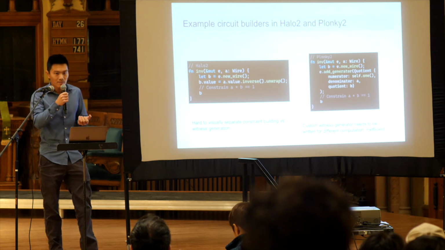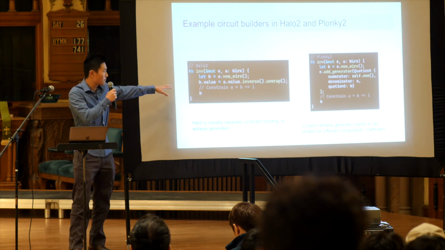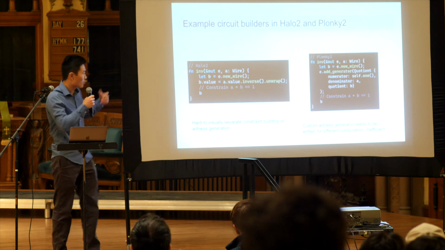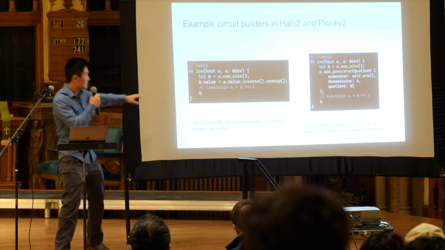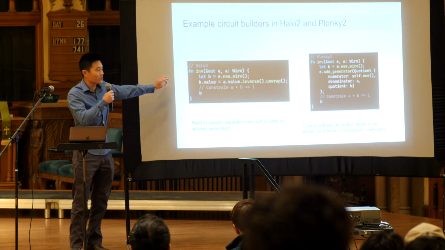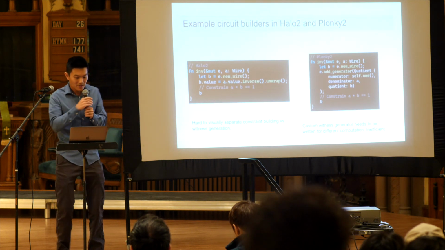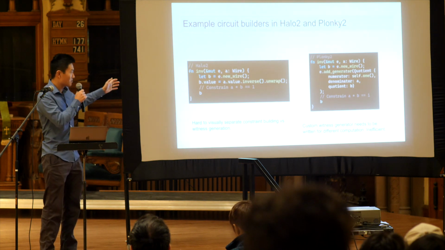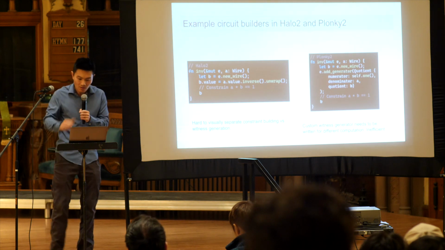We allocate a wire, and we say that at runtime we're going to set the value of wire B to be the inverse of wire A. Then we return the wire that we allocated. There is some actual witness and constraint generation code that I've omitted here. You can see that it's just Rust code, and it's hard to see what is constraint building and what is witness generation.